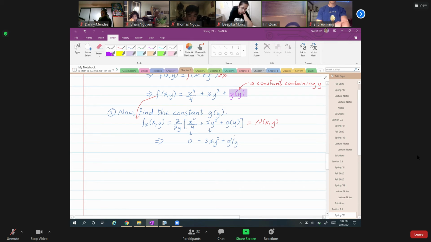Now it's just a regular derivative, so g prime of y is understood to be the derivative with respect to y, or dg dy. Now on the right-hand side, what is N of xy?